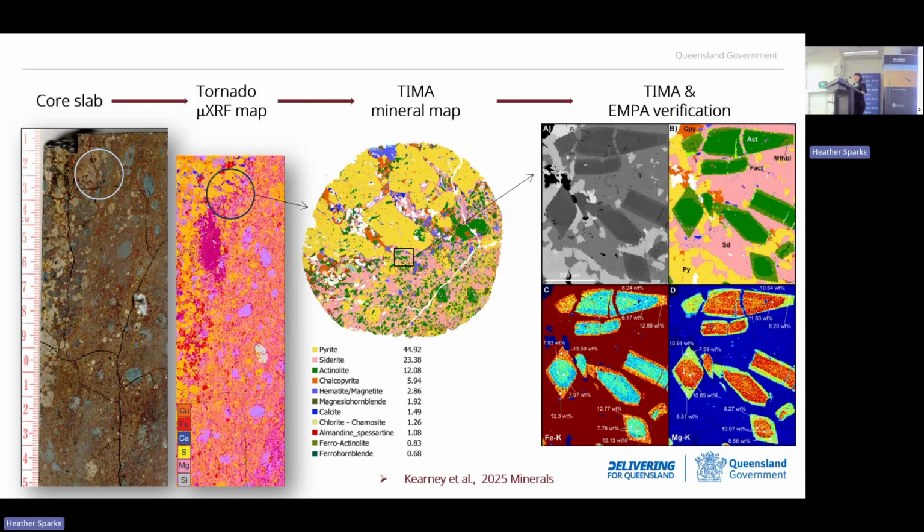We can get very detailed mineralogy information, including information on accessory minerals, but also variation even within a single major rock-forming mineral. In this case, we show the actinolite showing zoning in magnesium and iron, and this was verified by electron probe work.